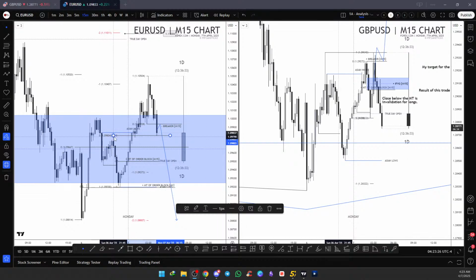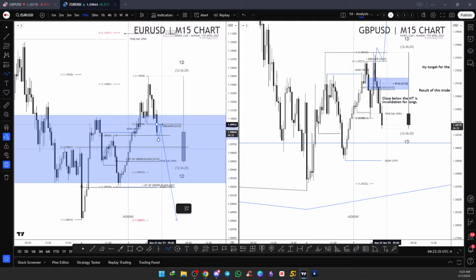See, we have a bullish breaker here, so it is highly possible for price to come lower, tap into this breaker, then go to this breaker and then drop lower.